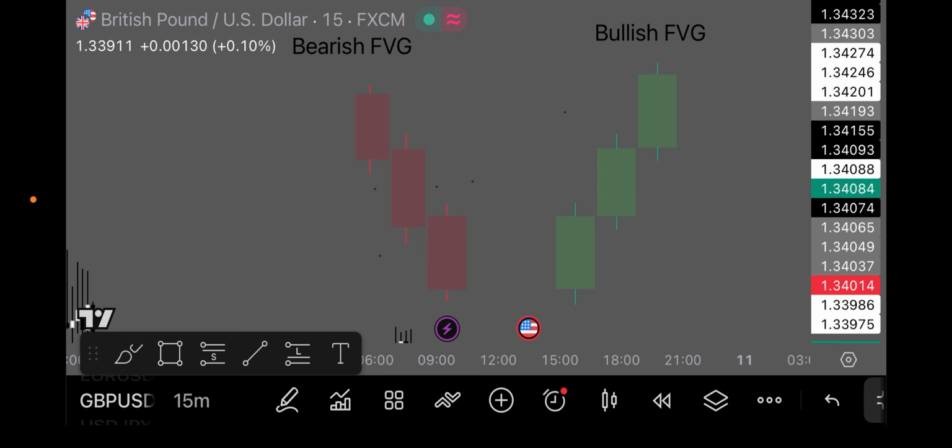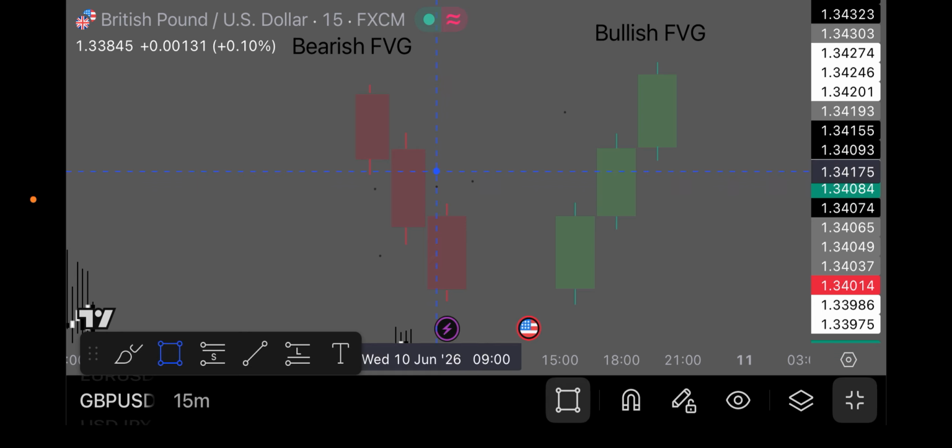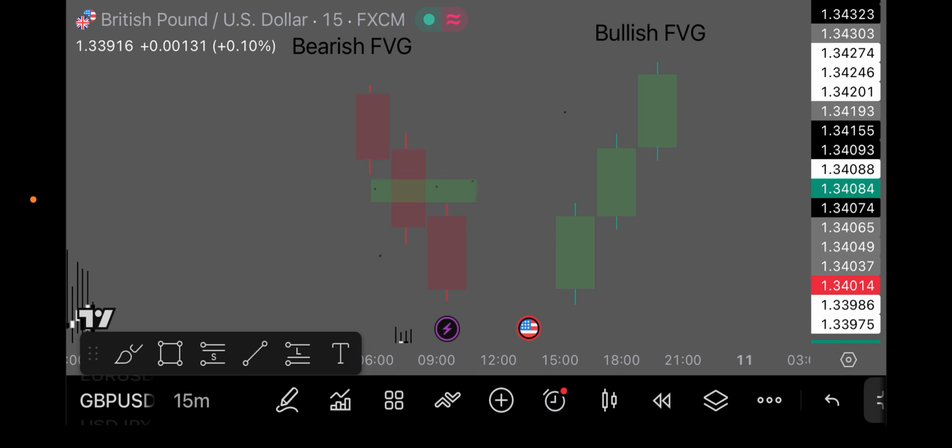So I'll show you what the gap I'm talking about is. The gap is the distance between the lowest point of the first candlestick and the highest point of the last candlestick.